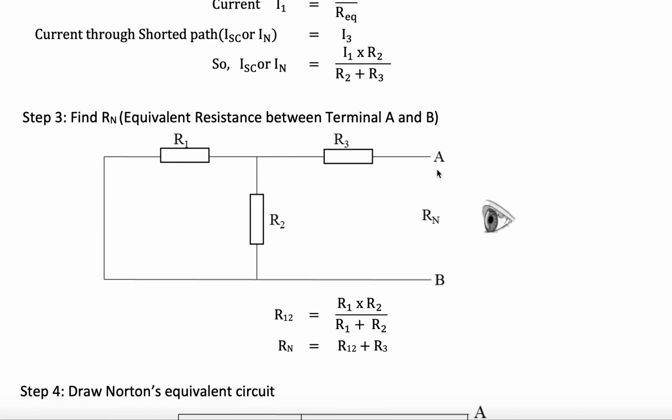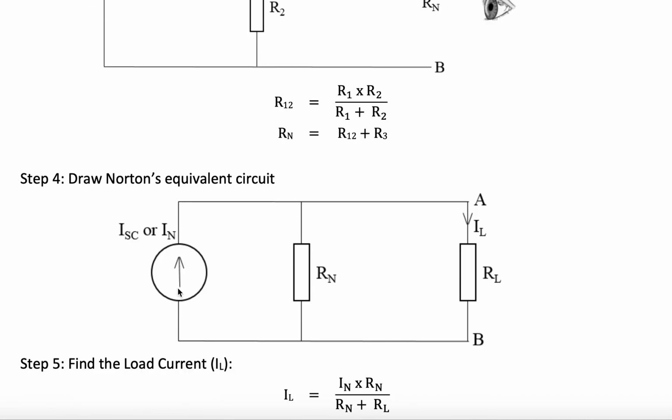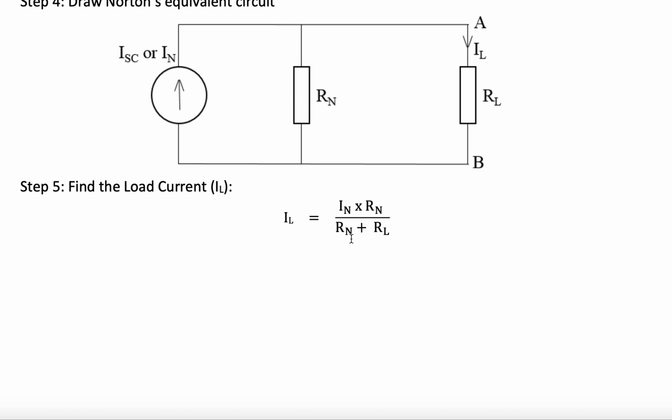For Rn, finding Rn and RTH are both the same. Replace the source by its internal resistance. There is zero internal resistance, so a dead short circuit. Rn is nothing but R1 parallel to R2 plus R3. So this is the equivalent circuit, ISC or IN in parallel with Rn, in parallel with the load. So what is IL? This current into the opposite arm resistance divided by the total resistance. So IL is IN into Rn divided by Rn plus RL.